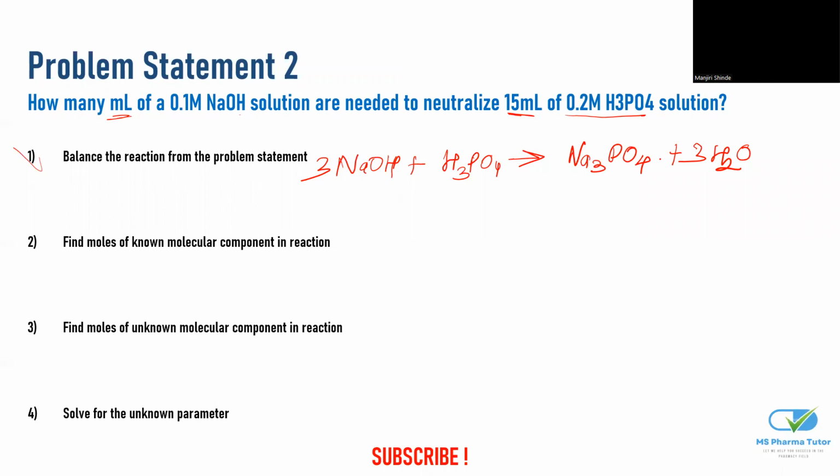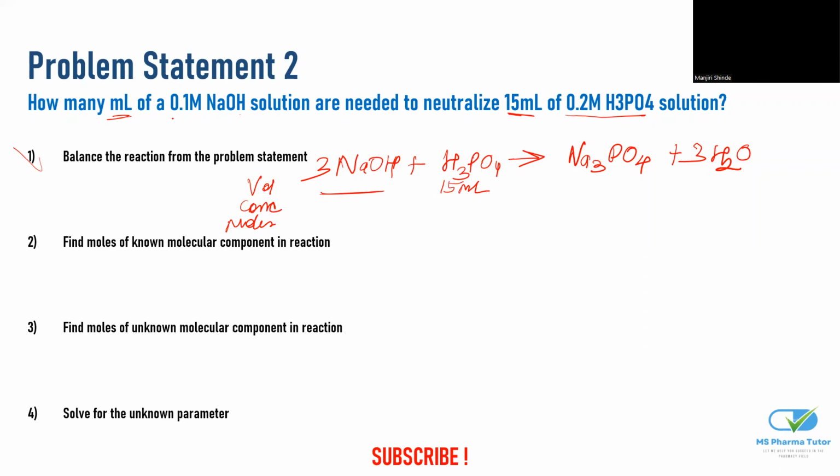Now that we have completed step 1, we need to write what all parameters are given to us so that it becomes easier to follow further steps. So that was volume, concentration, and number of moles. So volume is to be determined for NaOH, and then volume for H3PO4 is 15 ml.